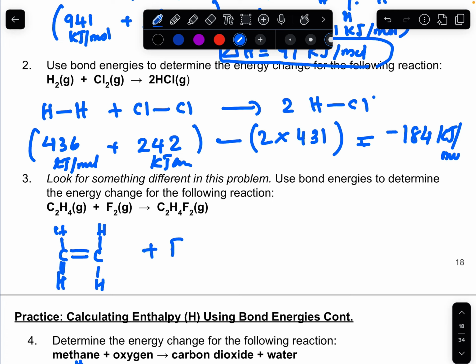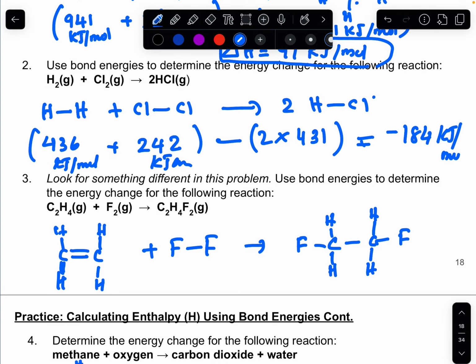Okay, plus F2, there is only one valency. And then same strategy, C, there are four hydrogens. I'll put one hydrogen here, one here, one here, one here. Then there are two fluorines, one here, one here. So those are the bonds.